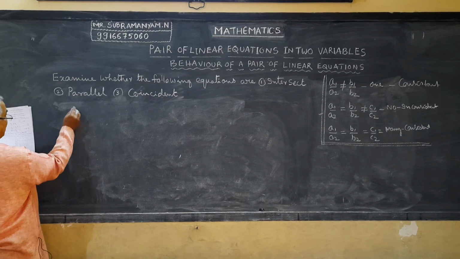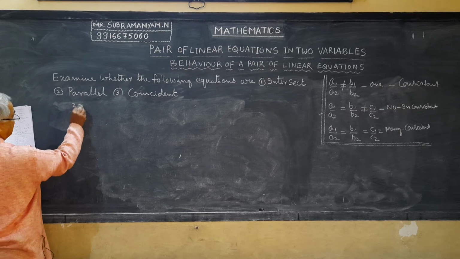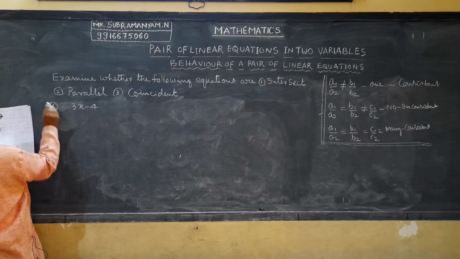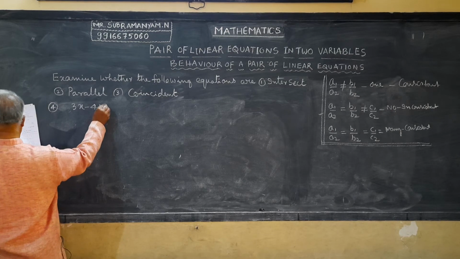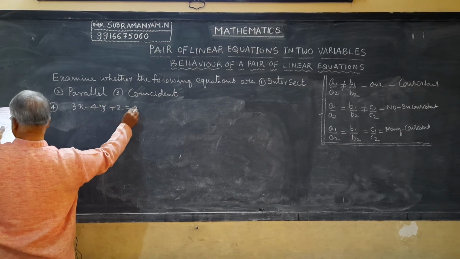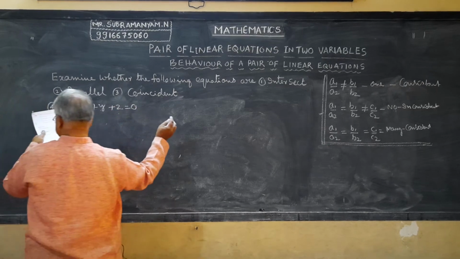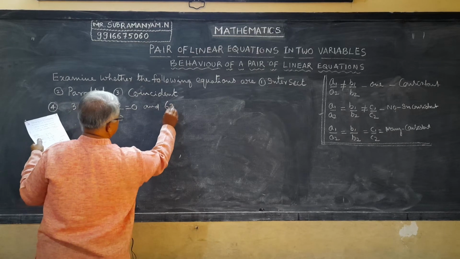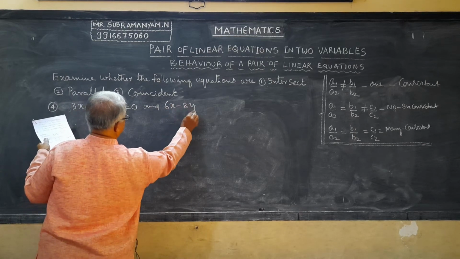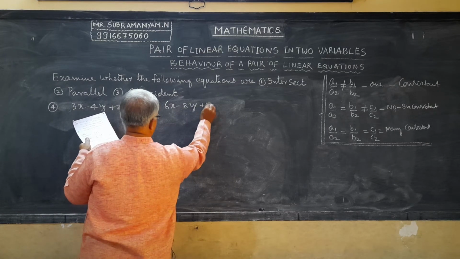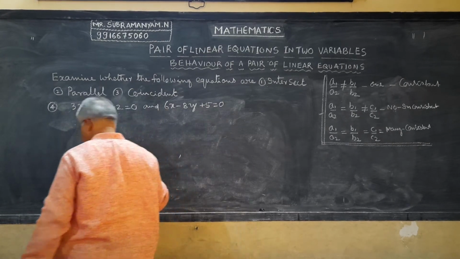This is the fourth problem. 3x minus 4y plus 2 equal to 0, and 6x minus 8y plus 5 equal to 0.